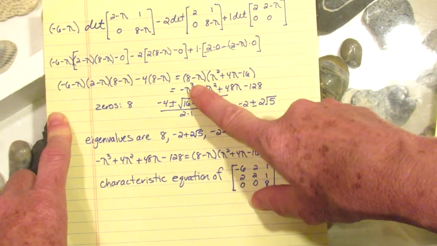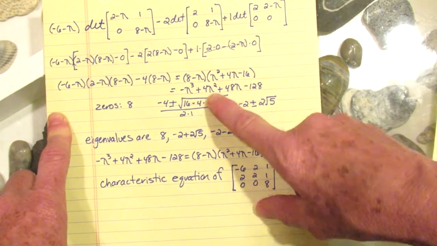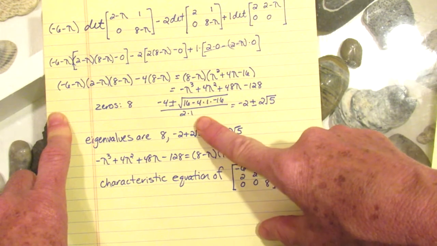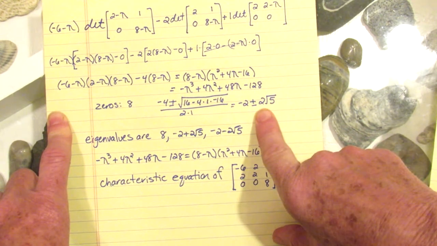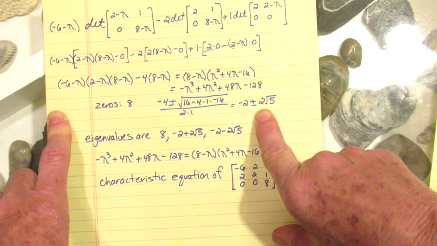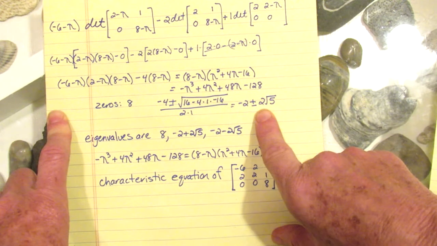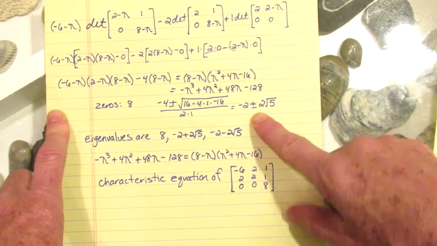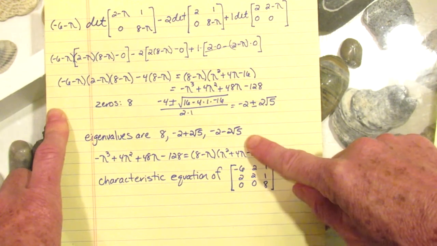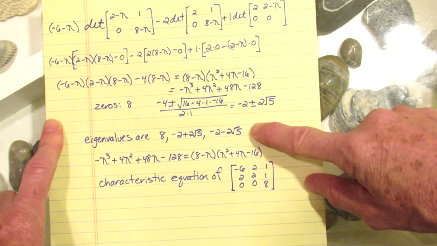We can easily see that 8 is one of the zeros, and then if you do the quadratic formula on that other factor, we didn't get nice rational numbers. Instead, we got the irrational numbers, negative 2 plus 2 times the square root of 5, and negative 2 minus 2 times the square root of 5. So those are the three eigenvalues of that matrix.